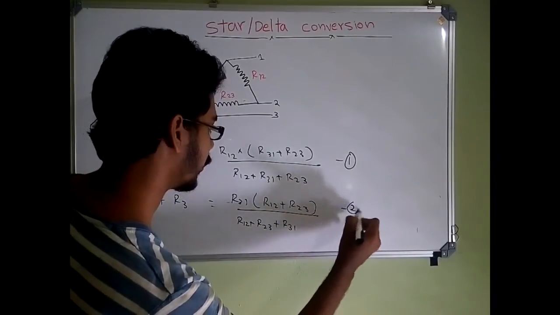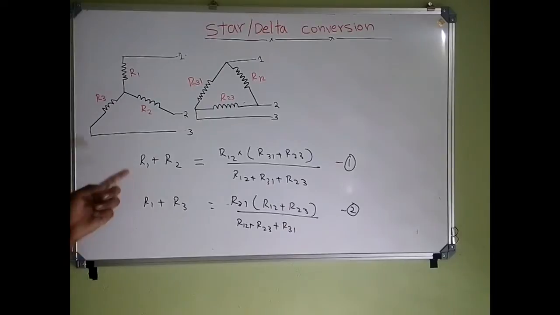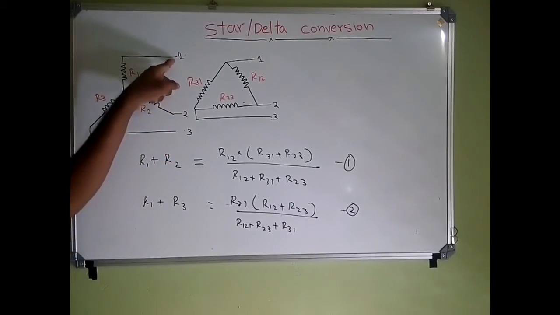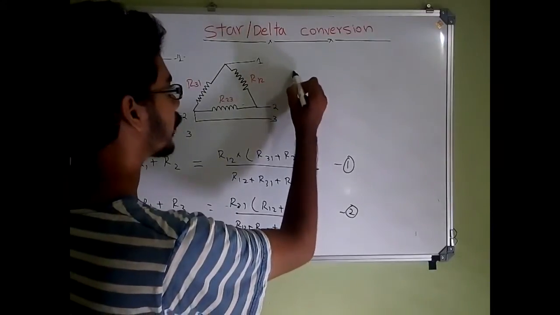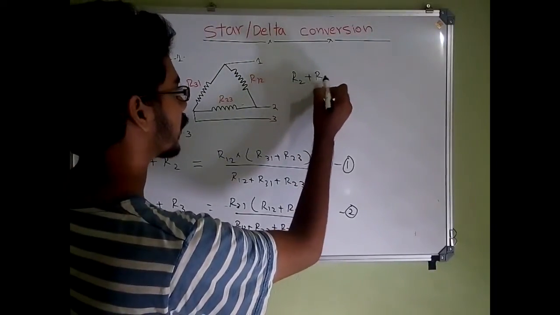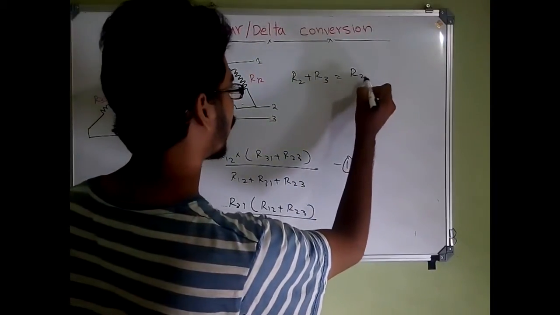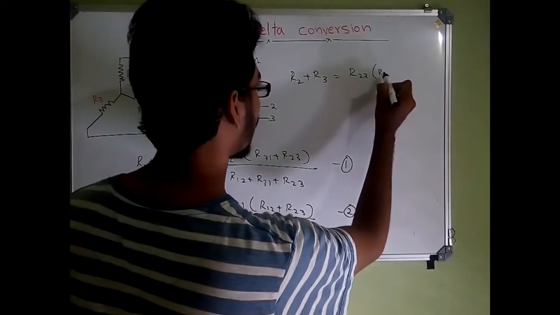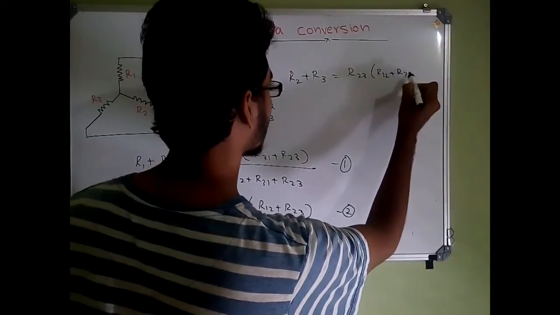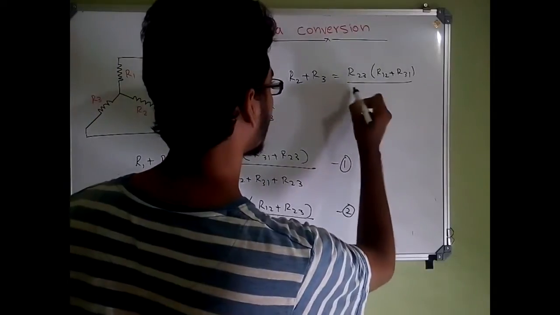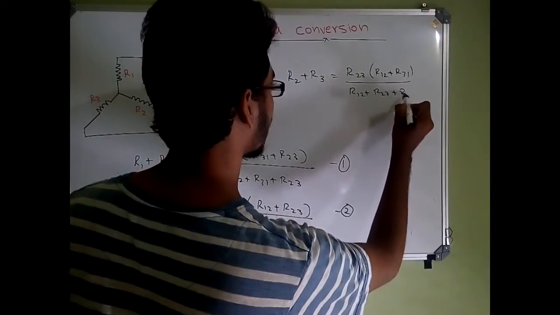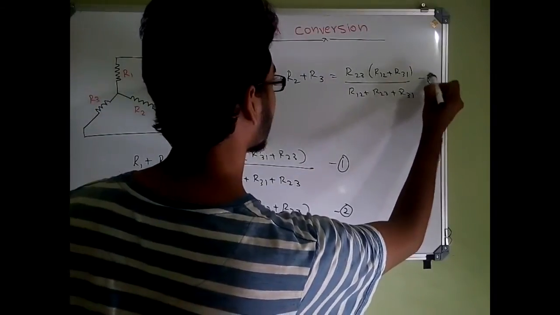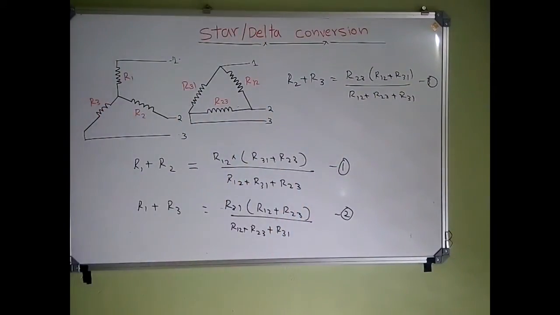This is equation number 2. Similarly, next we are going to consider terminal 1 as open circuited. Then here the resistance becomes R2 plus R3, which is equal to R23 into R12 plus R31 divided by R12 plus R23 plus R31. So we get third equation.